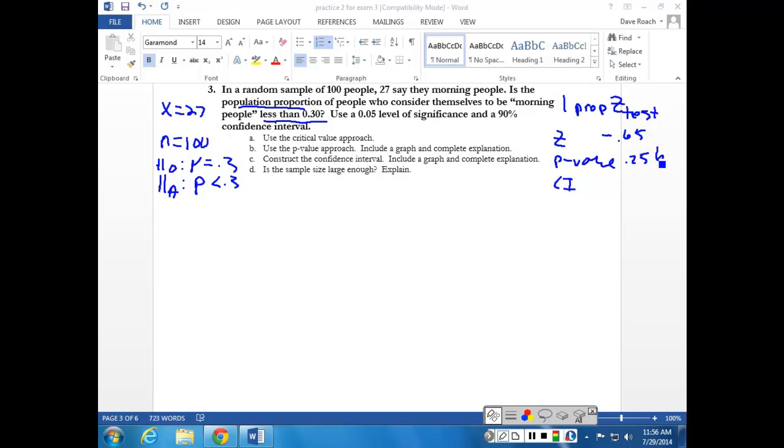Then I'm going to go stat test 1 prop z interval, option A. I'm doing a 90% interval, so I'll make sure I have 90 there and calculate. About 0.197 to 0.343. So again, that's just getting all of my check figures for parts A, B, and C.